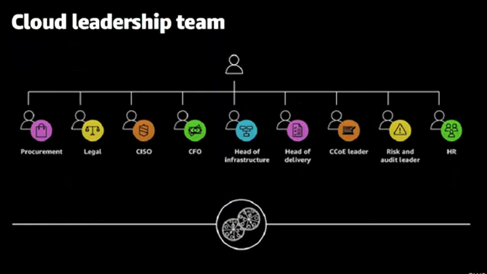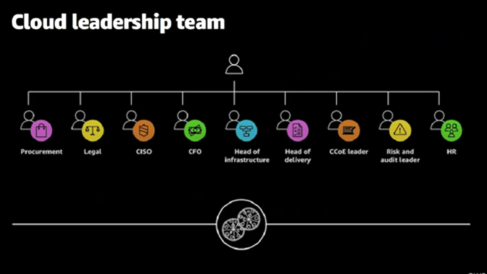From now, we are going to look at what we built from the beginning. First of all, we built up the cloud leadership team. It's a little bit different compared with a normal IT project, because this is a big, strategic, visionary initiative. So we built up a top management team for the cloud leadership team.